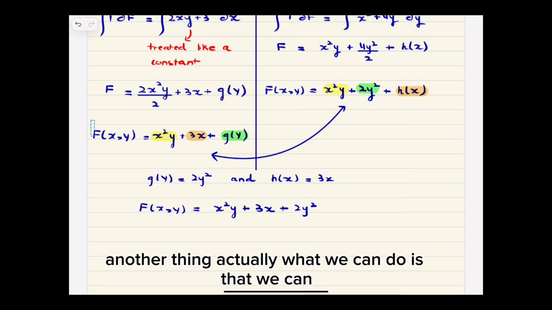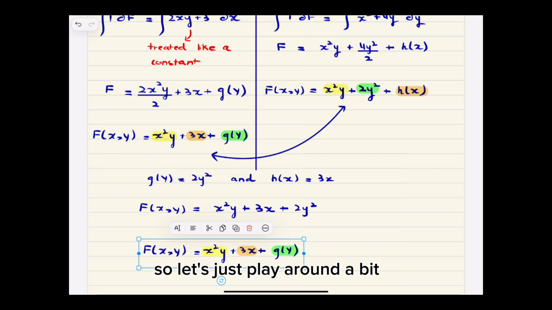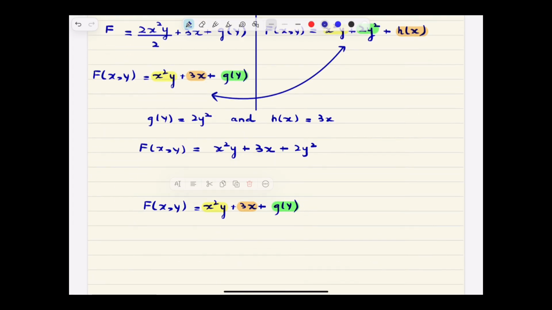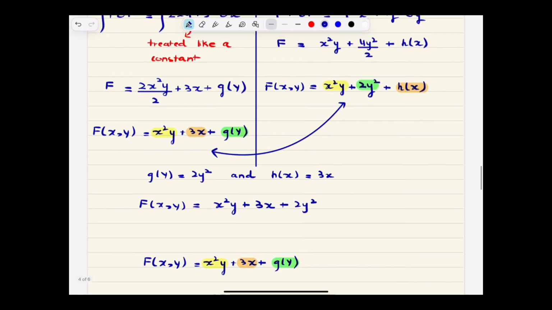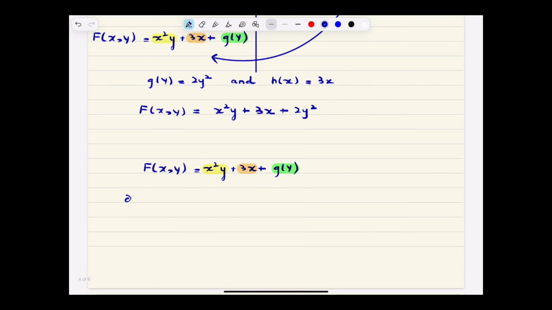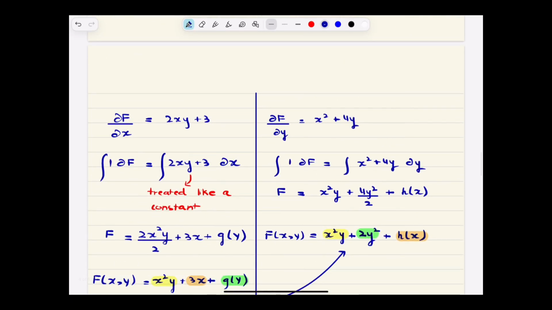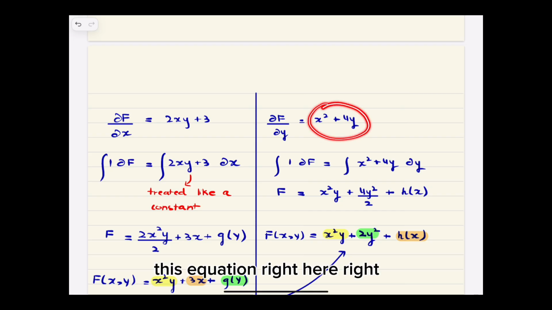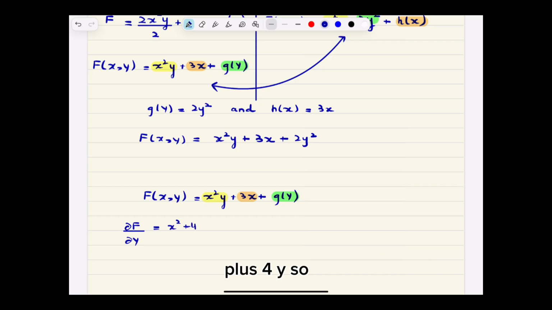Let's just play around a bit. We know that the partial derivative of f with respect to y is actually equal to this equation right here. So I know that this should be equal to x squared plus 4y.